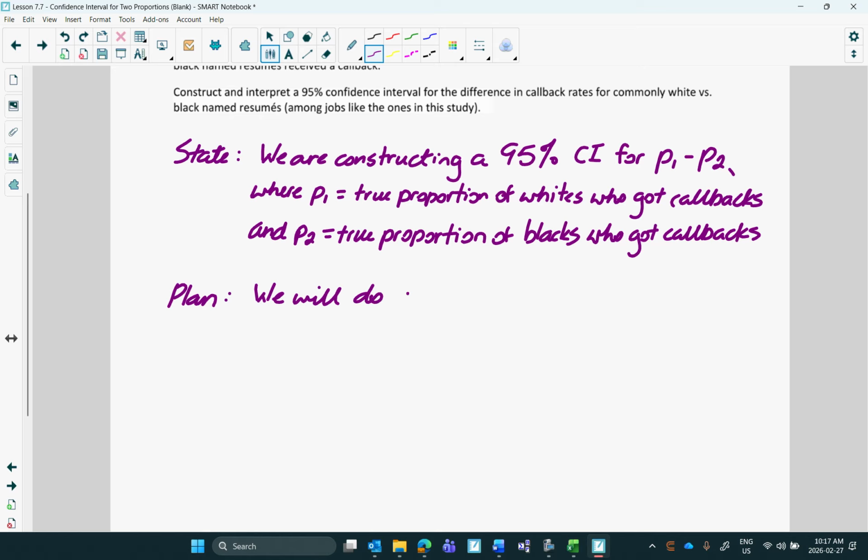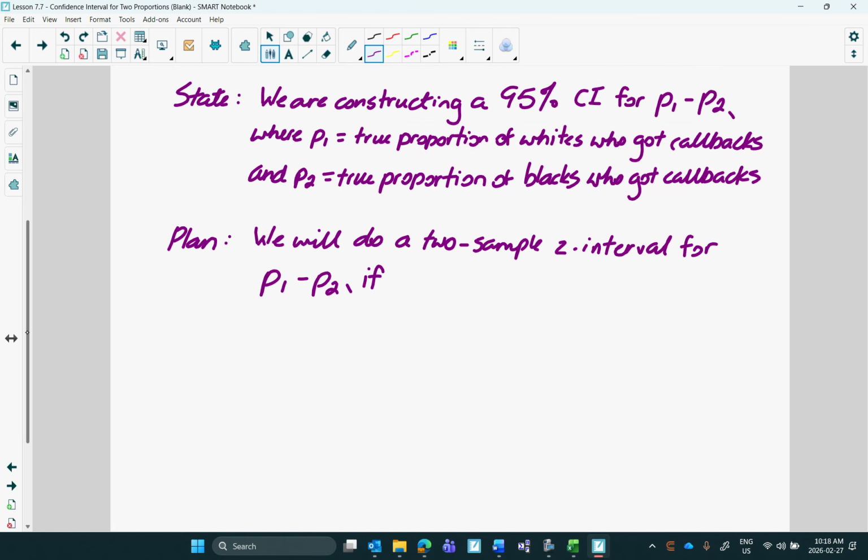We will do a 2-sample Z interval for P1 minus P2, if, and then we can state the conditions.